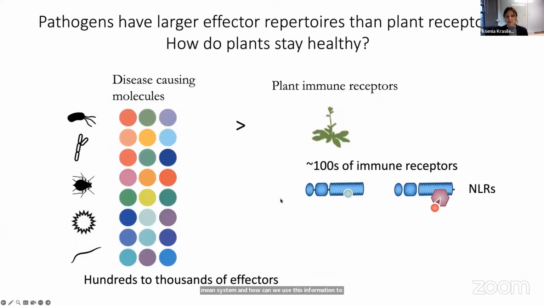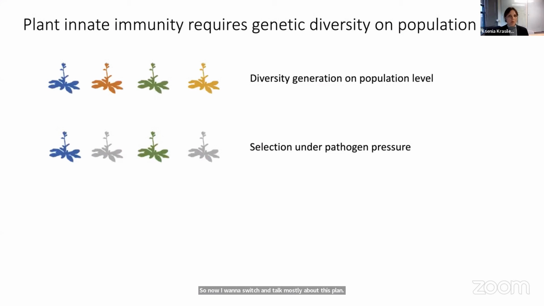So now I want to switch and talk mostly about plant immune receptors. One of the basic principles of innate immunity is that, unlike antibodies, where the diversity of receptors is generated within a single organism each time, here the diversity is generated and maintained at the population level.